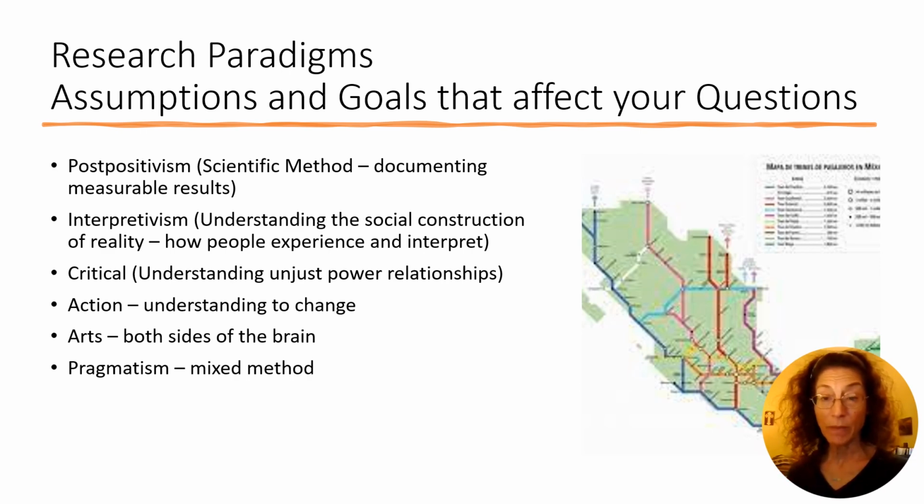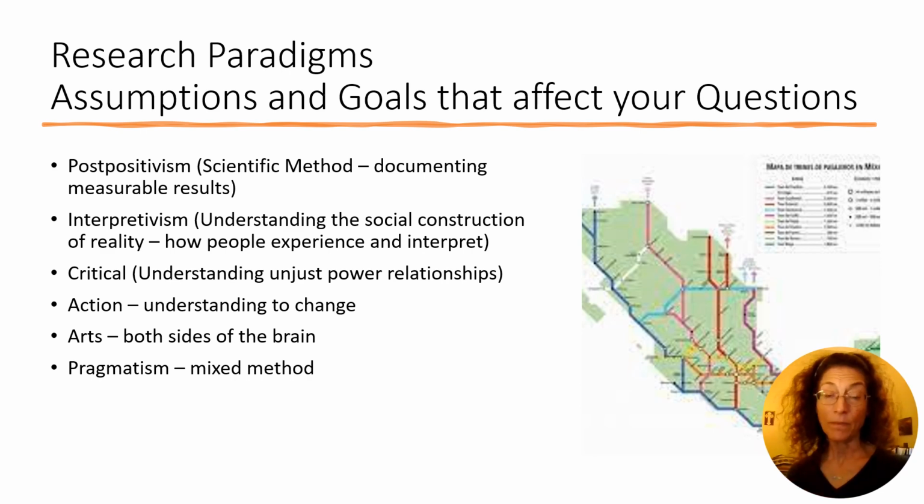The third research paradigm is referred to as critical. And the critical research paradigm can be combined easily with either of the two paradigms we just talked about, but it comes from a slightly different place.